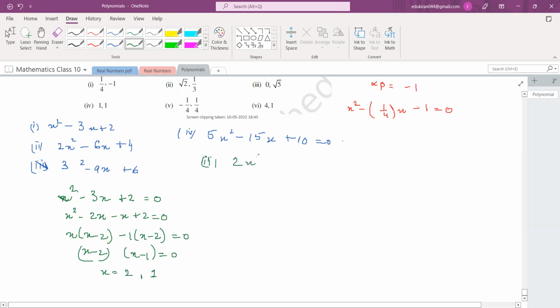For example, this 2x square minus 6x plus 4 is equal to 0. In this case, you can directly use the splitting of the middle term, but I can see there's a 2 common in all the terms, isn't it?